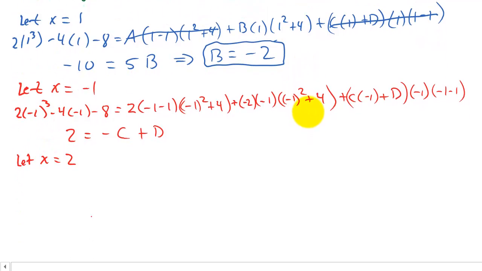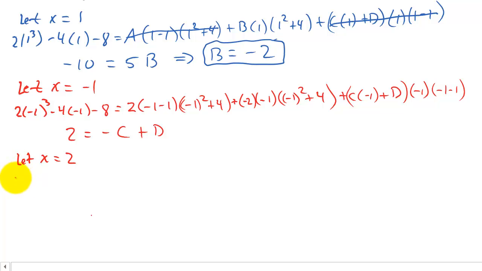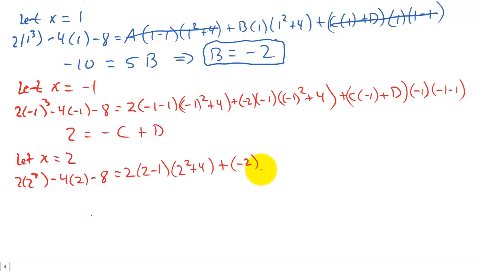Okay, so when I plug the 2 in, I've got 2 times 2 cubed minus 4 times 2 minus 8 equals A. Now in the place of A, I'm going to put 2 because A equals 2 times 2 minus 1 times 2 squared plus 4 plus B. Now B is negative 2, and then times 2 times 2 squared plus 4 plus C times 2 plus D times 2 times 2 minus 1.